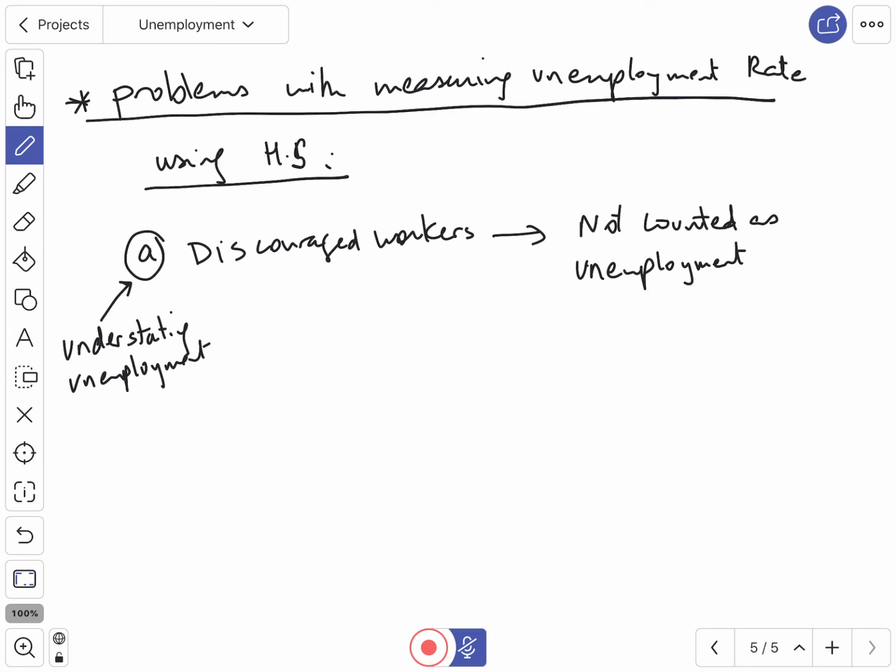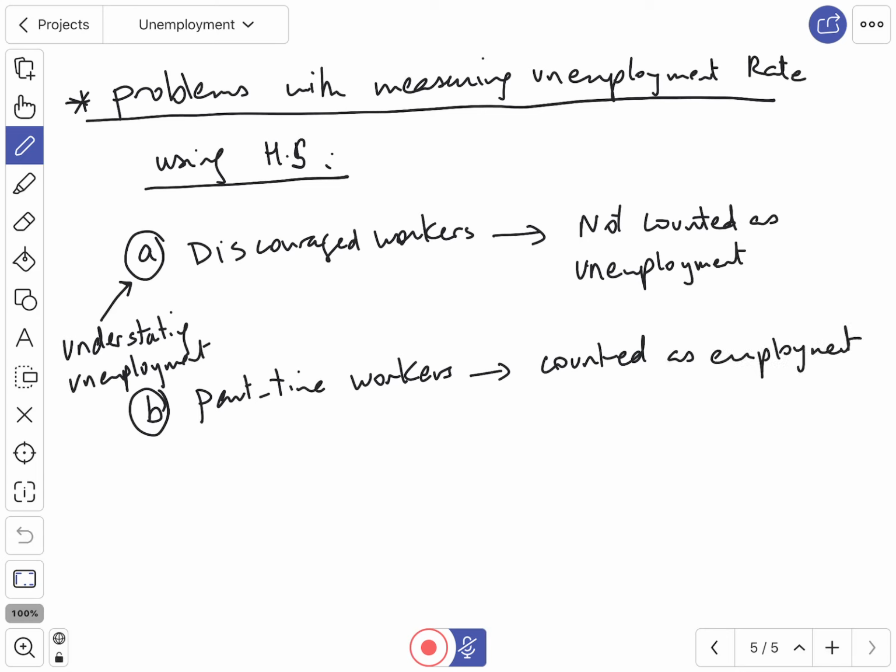The other similar problem is people who are working part-time. Those people are actually counted as employed. So this would overstate the employment rate.